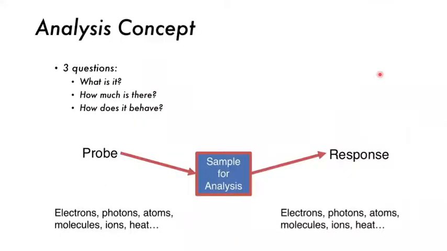So the analysis concept. What are we actually trying to do whenever we're doing analytical chemistry? We're asking three questions. What is the sample? How much of it is there? And how does it behave? Sometimes we already know what it is, but we need to confirm it. Then we need to know how much of it is there so that we know the concentrations are correct.